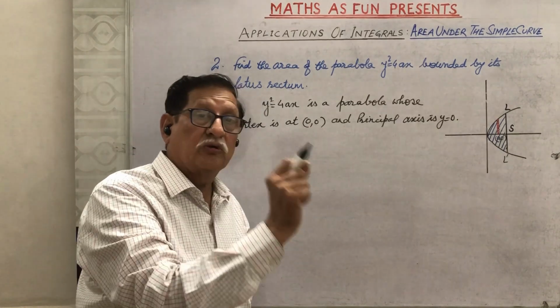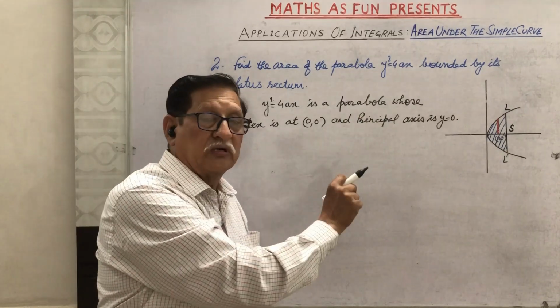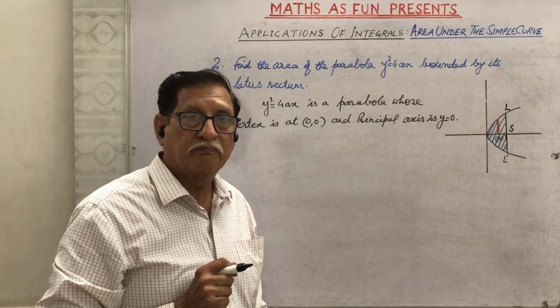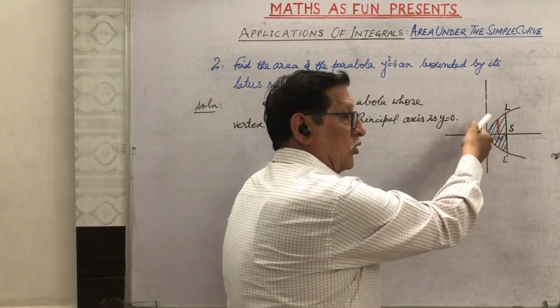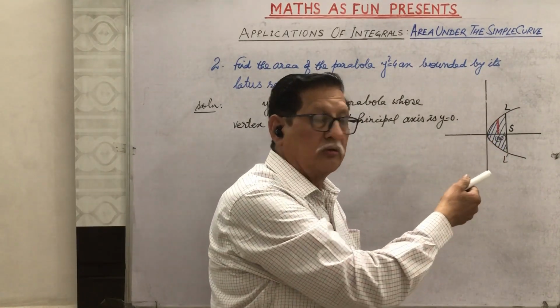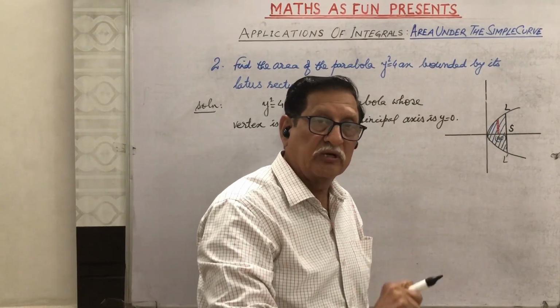Now we have to find out the area bounded by this parabola from the vertex to the latus rectum. We know that latus rectum is the chord, vertical chord through the focus, or we can say double ordinate through the focus.